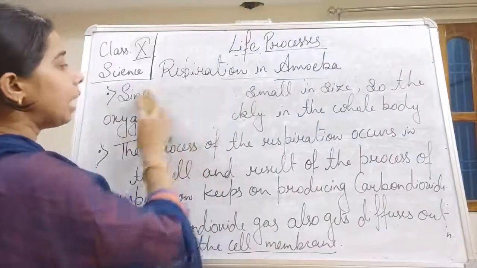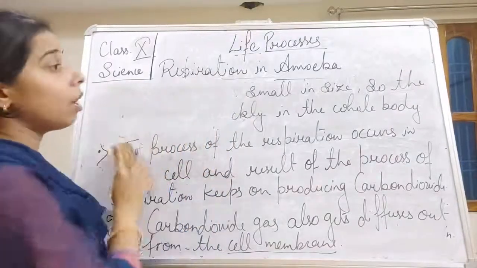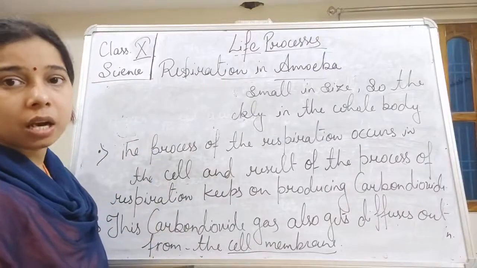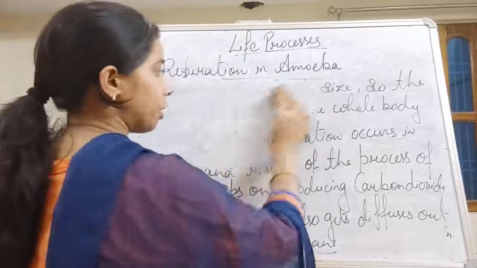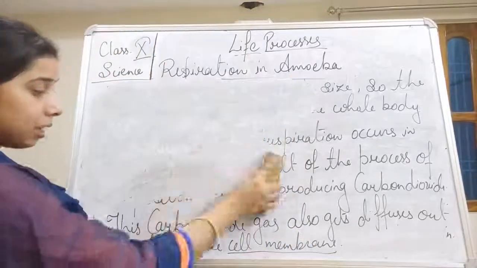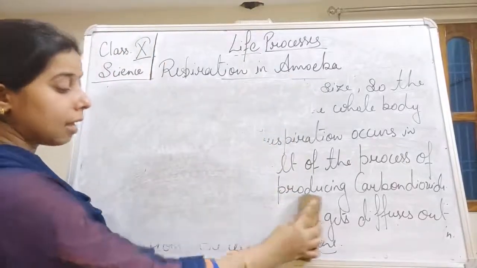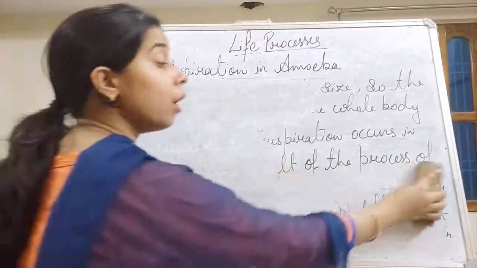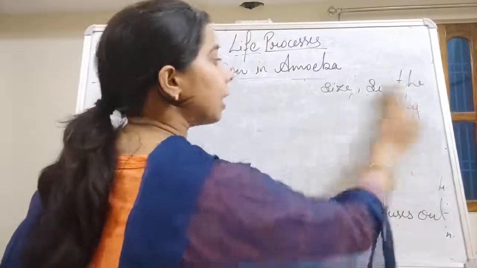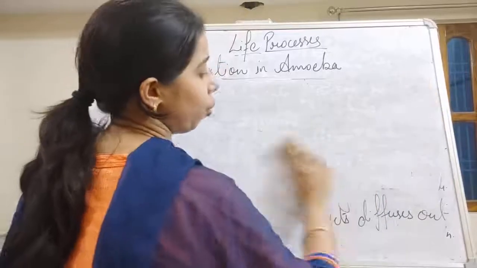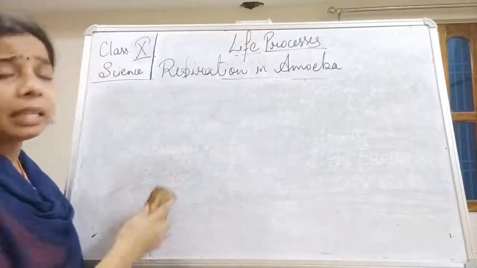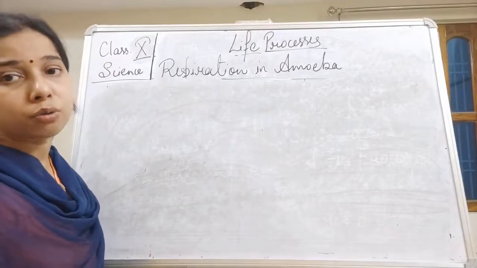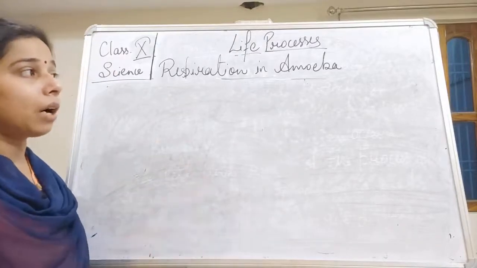Now here we have seen that in amoeba, respiration occurs through diffusion. Now the question arises: is this process of diffusion good for other higher organisms also? No. Because of the small size, it was very easy to show the process of diffusion in amoeba.